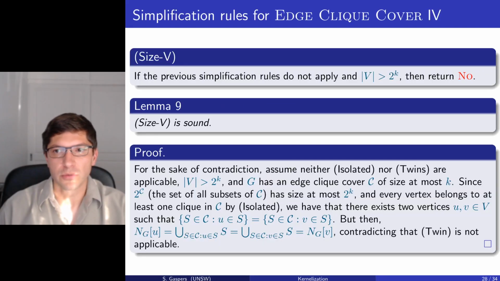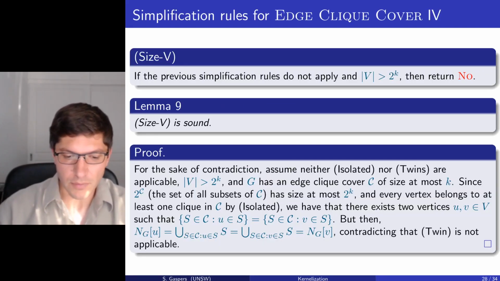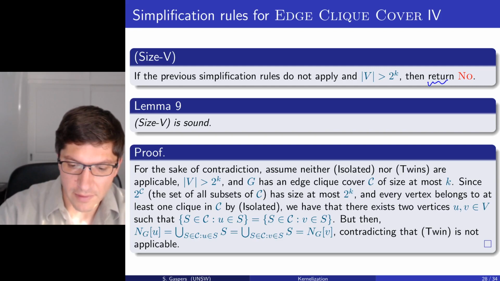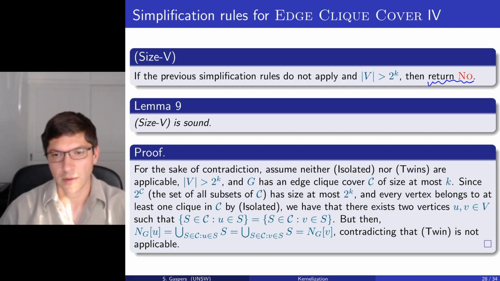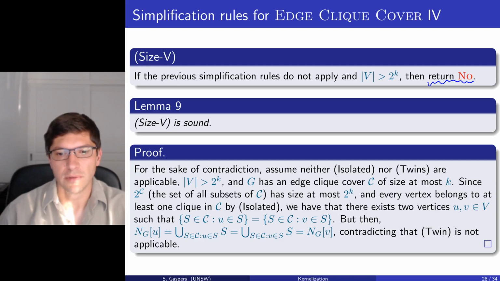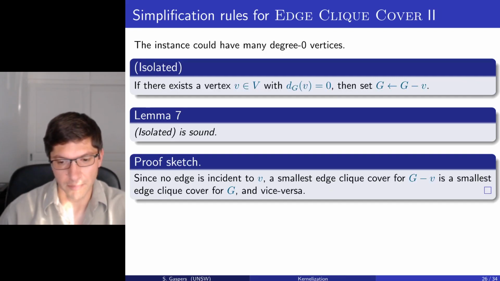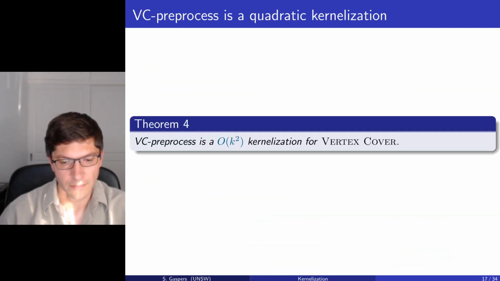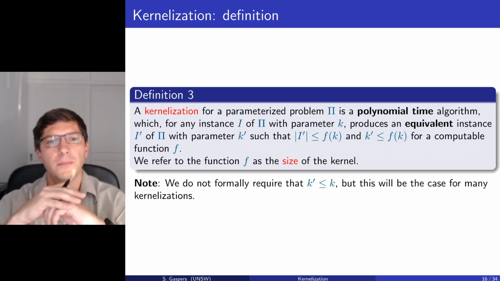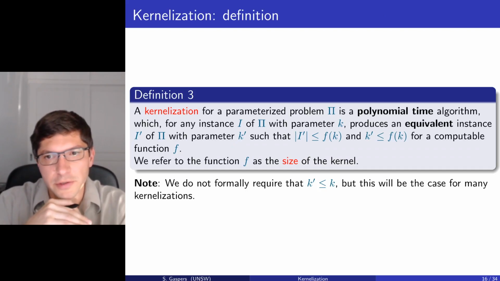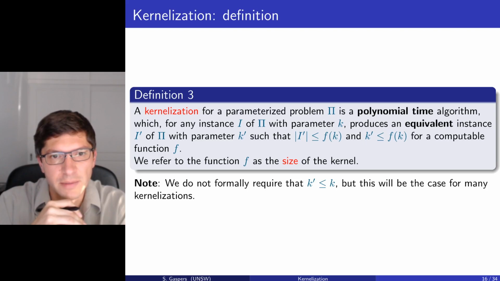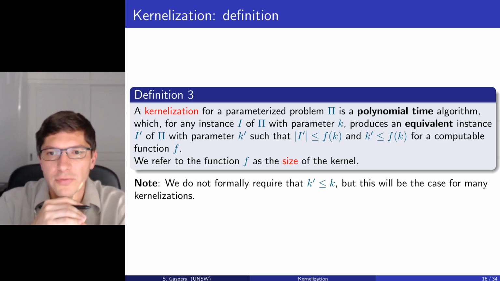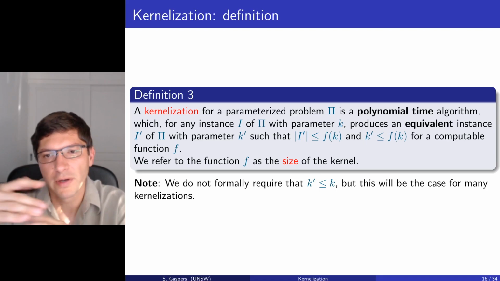Let me just point out one thing very quickly. Here the simplification rule again says return no. Let me go back to the definition of kernelization. It said that we should produce an equivalent instance of the same problem pi of size bounded by a function of k.